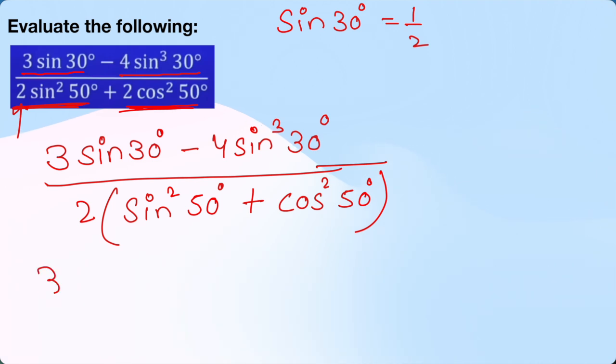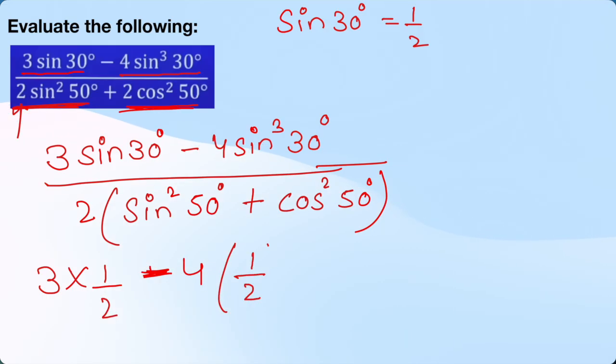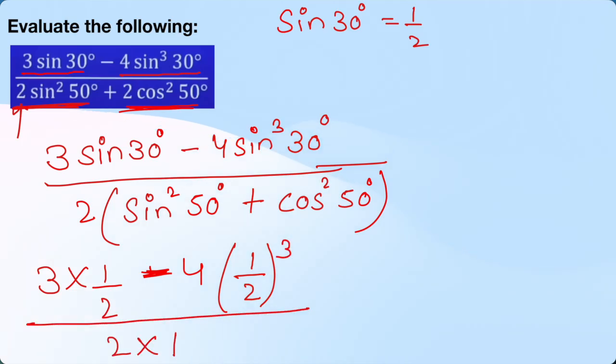So it will be 3 into sine 30, which is 1 by 2, so just put the value, minus 4 into 1 by 2 to the whole cube, divided by 2 into 1, because sine square theta plus cos square theta has an identity that is equal to 1. So we need not learn sine 50 or cos 50. We know the identity.